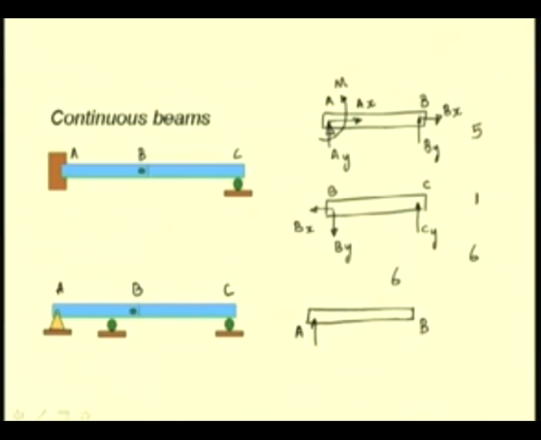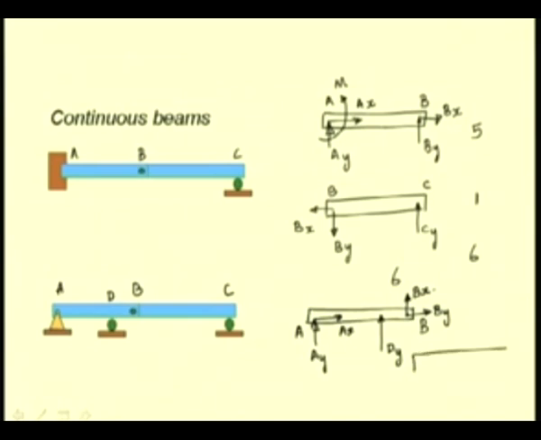At A, we have 2 unknown reactions, Ay and Ax, and at the roller, let us say this point is D, we have a vertical component of reaction, and at B we have 2 joint forces, say By and Bx.